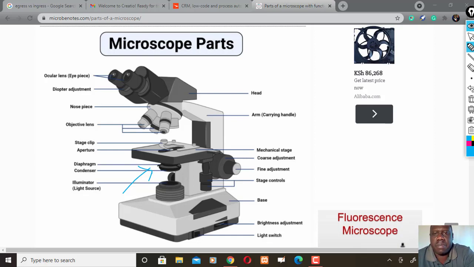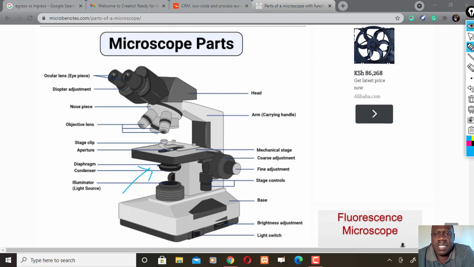So as you can see from the listing, there is the ocular lens, or what is called the eyepiece. There is the diopter adjustment for adjusting the eyepiece, the nosepiece, objective lens, stage clip, you got the aperture, you got the diaphragm and condenser. Of course, these are parts of the optical part for magnification.